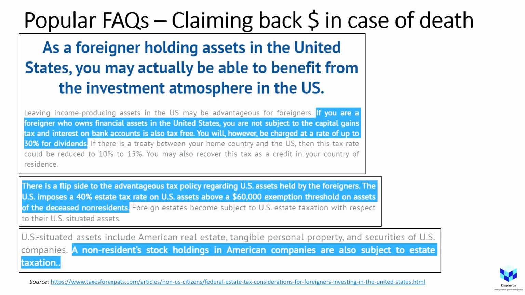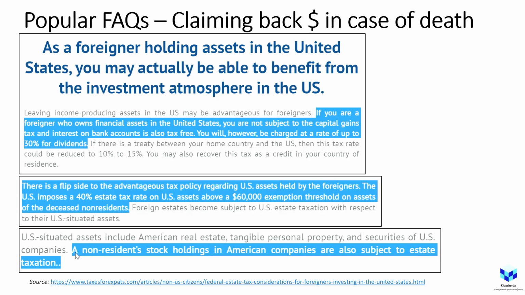We only get taxed 30% on any dividends that we receive from US-based stock investments. But yeah, just as the other forumer said in the previous slide, the estate tax is 40%, but that's only applicable to US assets above 60,000. So below 60,000, it's exempted. That's the limit that they set.